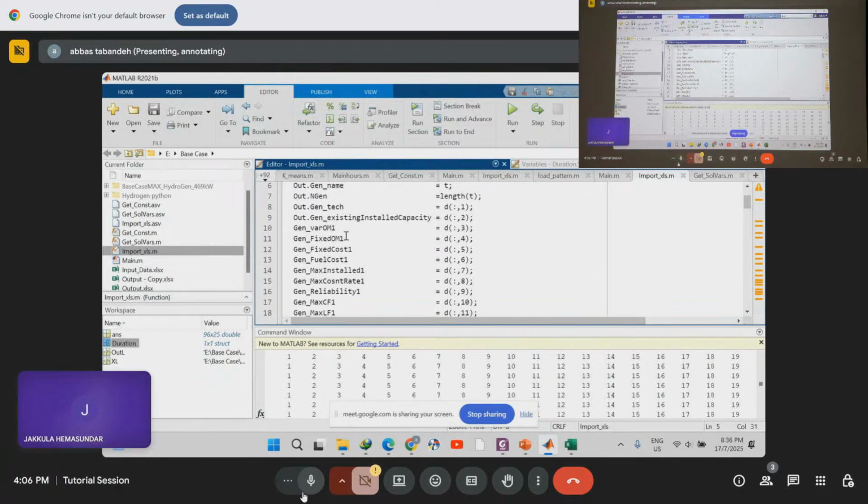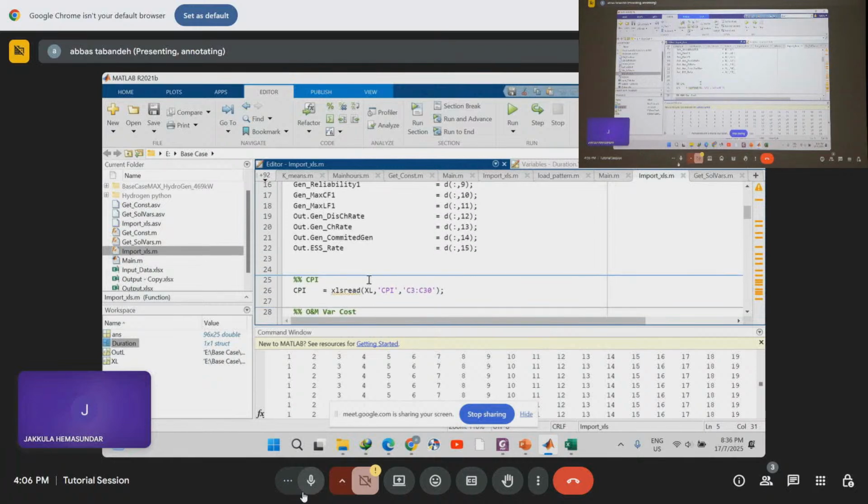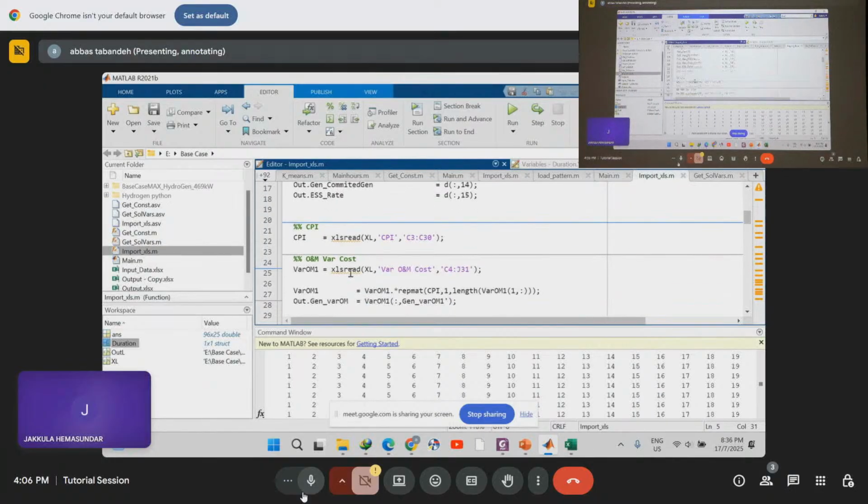Again, fixed variable fuel cost, maximum install capacity, the construction rate, reliability, load factor, discharging efficiency rate, and charging efficiency rate, and the energy storage system charging rate. And this one is CPI. It goes to another sheet in Excel, and it will read it for us.